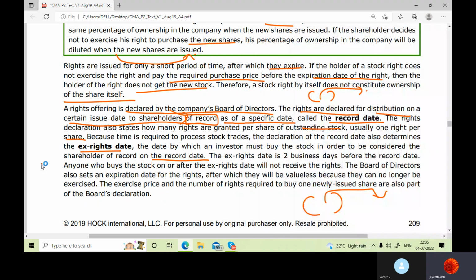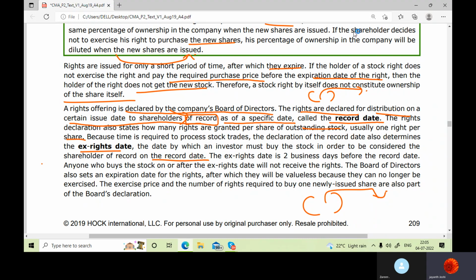Once the rights have been exercised by the shareholders who got the rights, the time period after that, when the investors have bought the stock which were declared to them as a rights issue, will be called the X rights date.